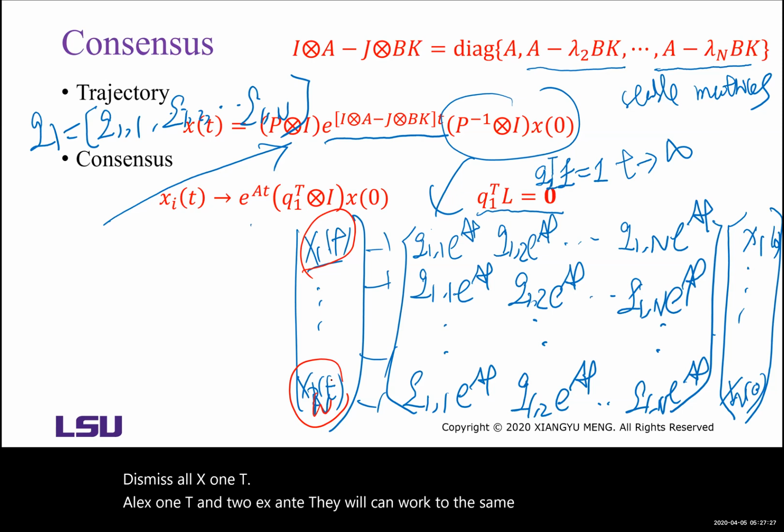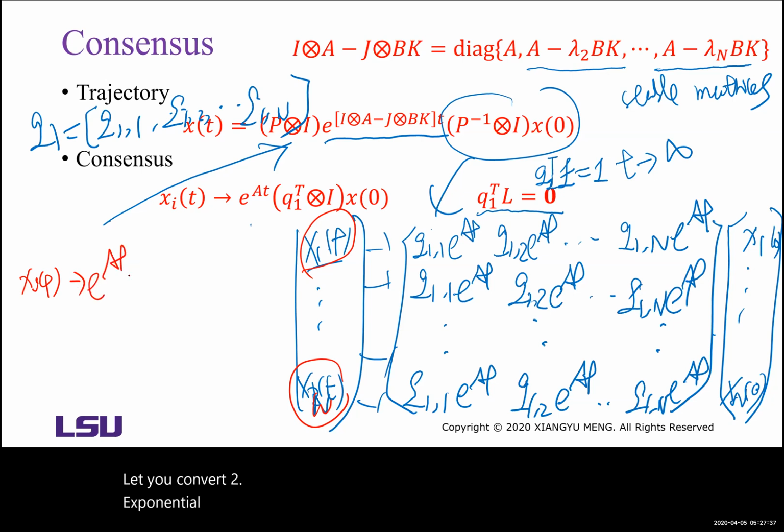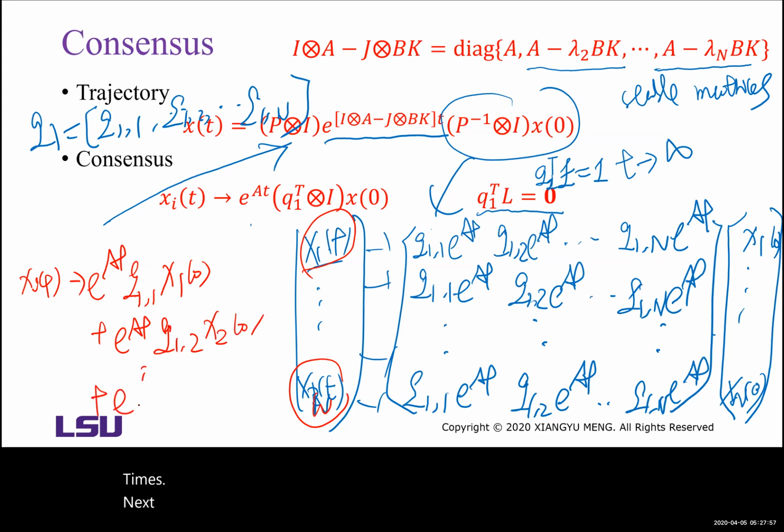So for any xi(t), it will converge to exponential At, so Q11 times x1(0), plus exponential At Q12 times x2(0) until exponential At Q1n times xn(0).